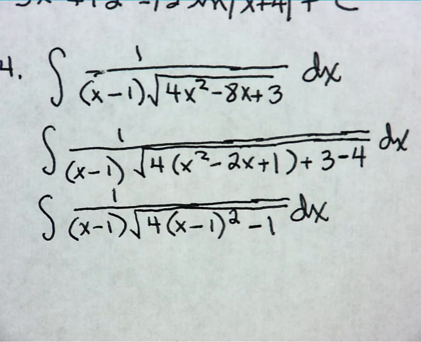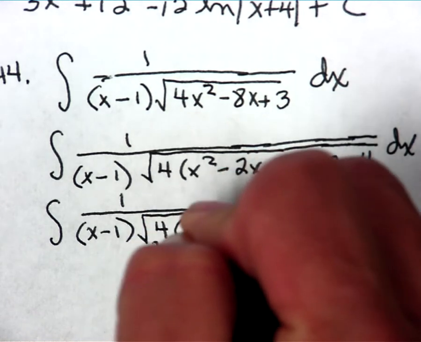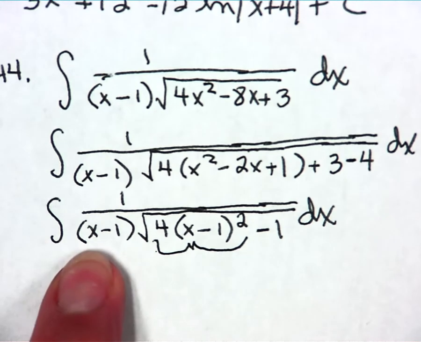And that's a darn lot like the arcsecant function. For arcsecant, I have to have a u squared here, and I have to have a du here.